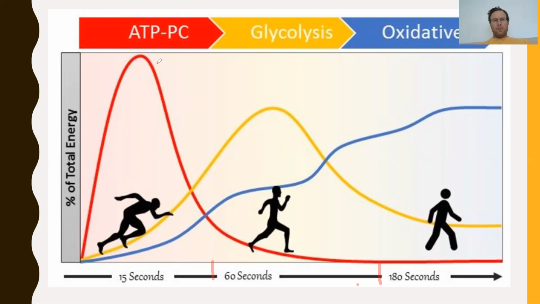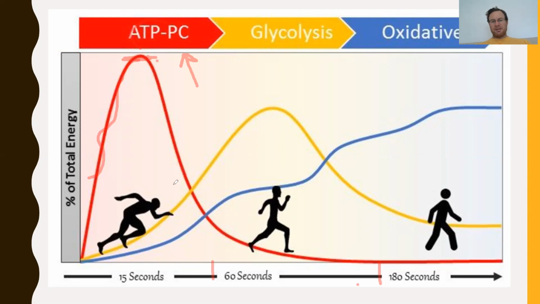Now, what we see here is the ATP-PC system. So the system is in red. What you see is we're using that system, and it absolutely maxes out after about 8 seconds or so.